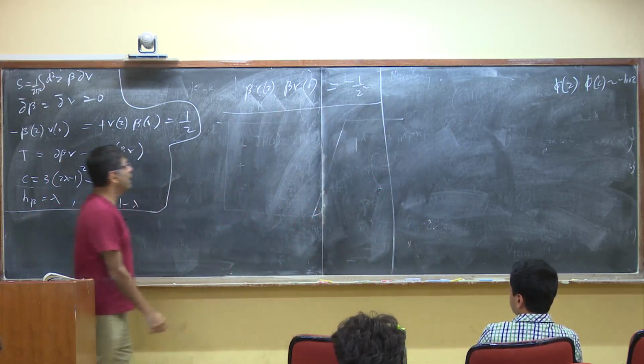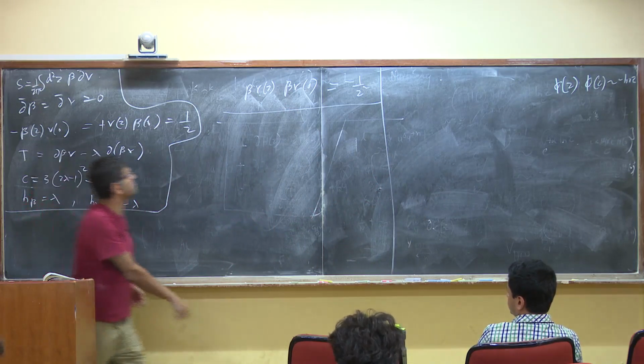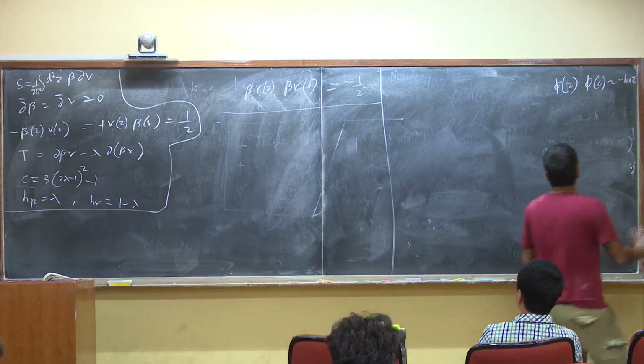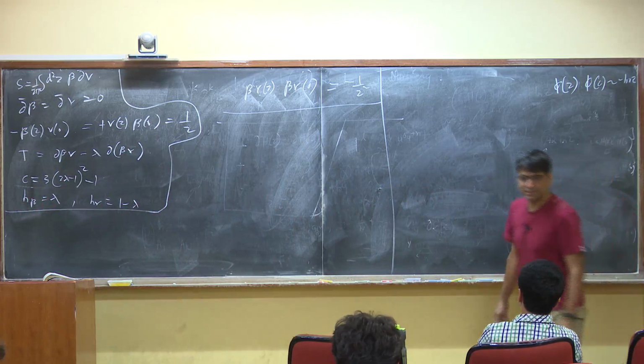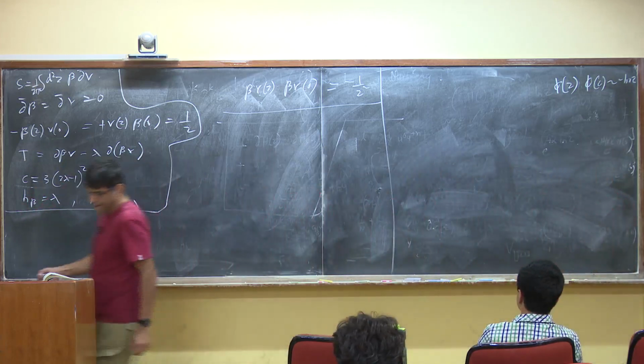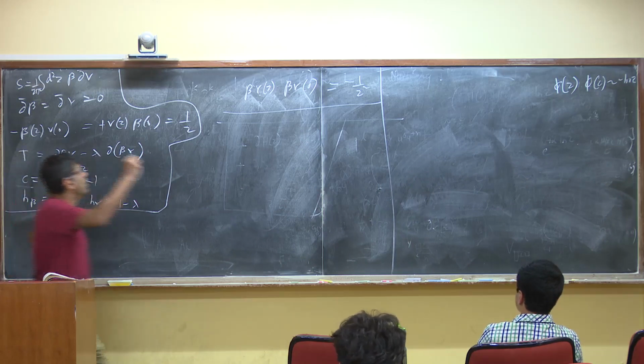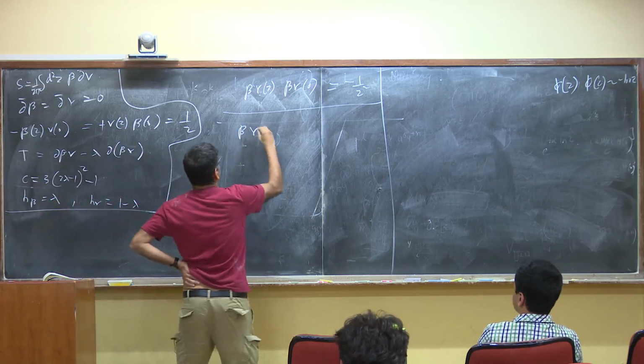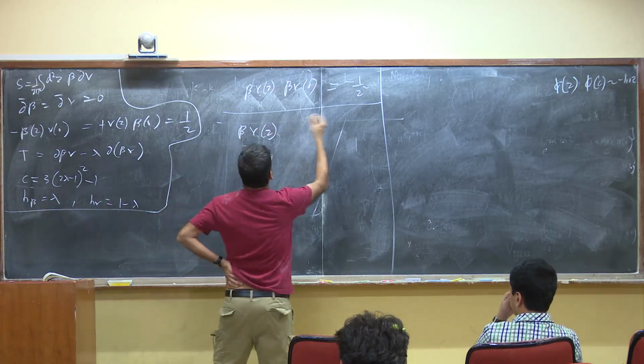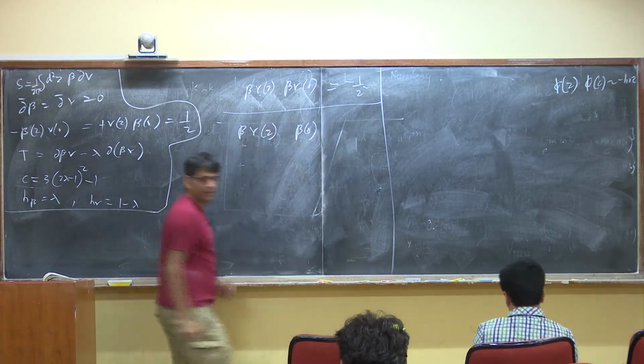Okay, so now how could we try to do some sort of bosonization? Well, let's also look at beta gamma of z with beta of 0 and see what we get.